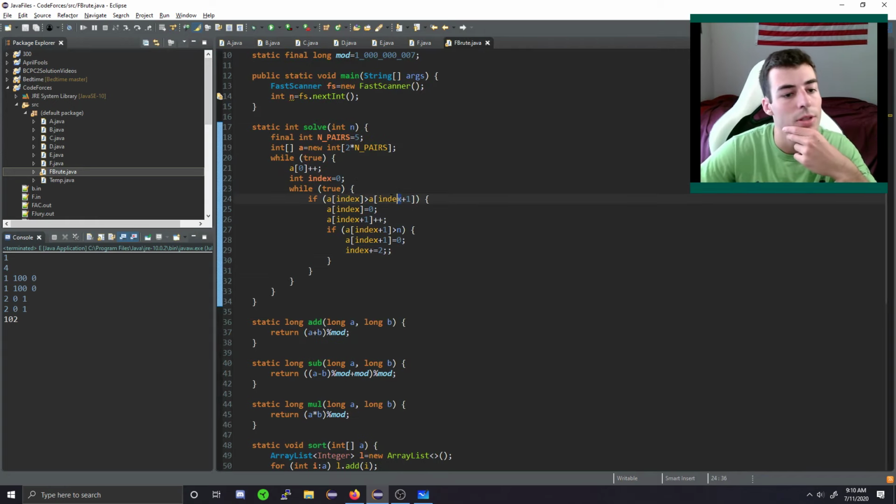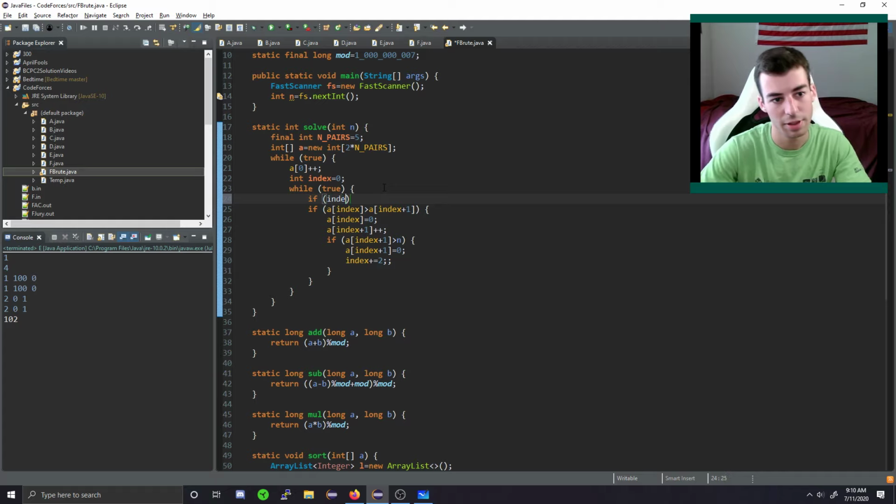Okay. So if index is greater than, well, if it equals n pairs, then return int.